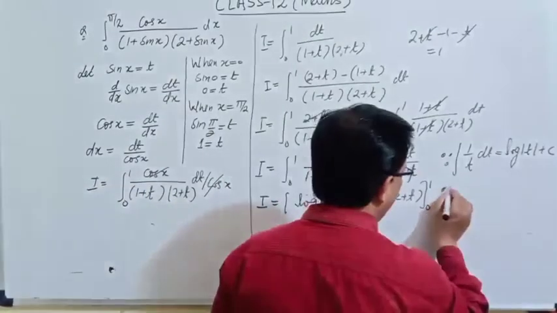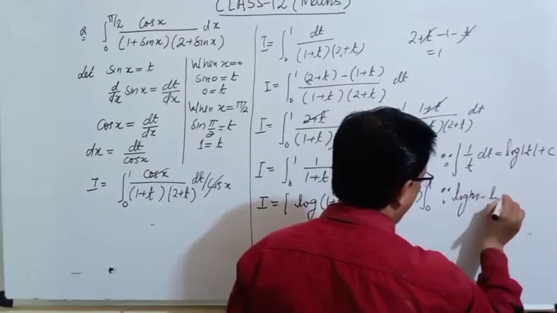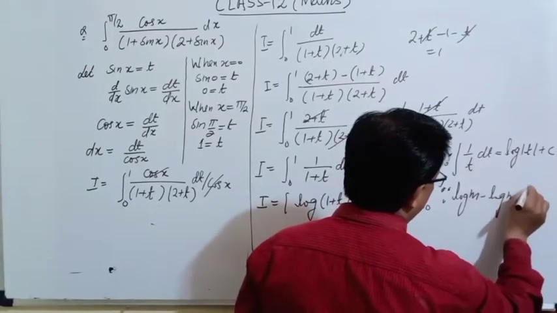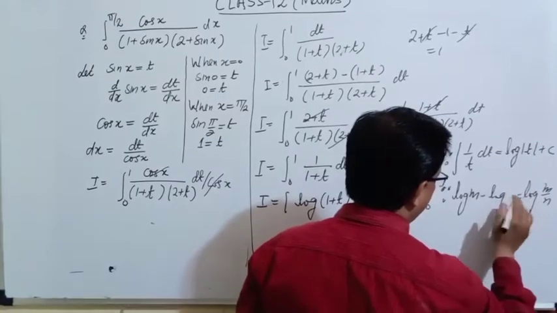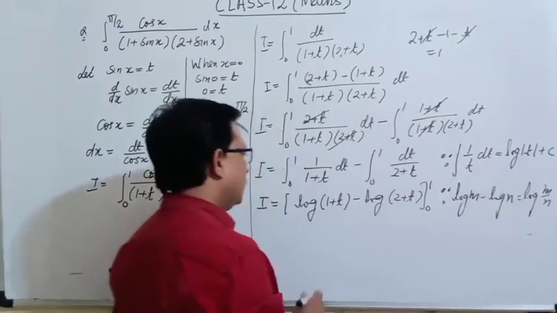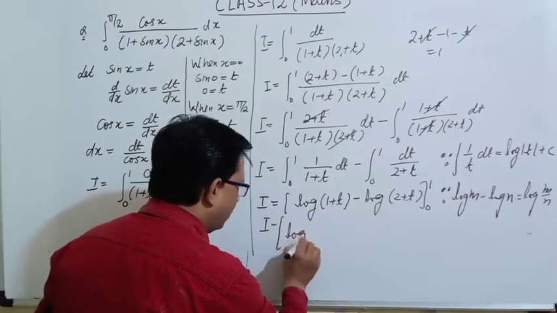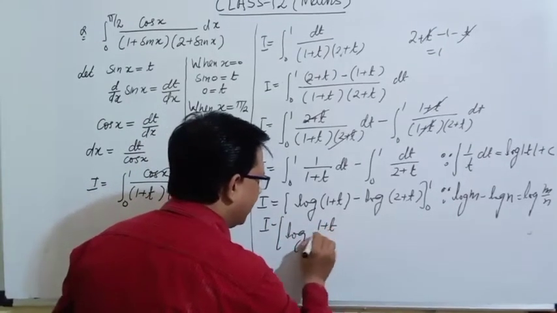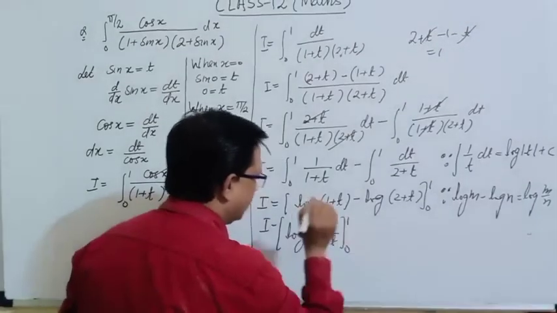Here we apply the formula log m minus log n is equal to log of m by n. So this becomes I is equal to integration of log of (1 plus t) upon (2 plus t), from 0 to 1.